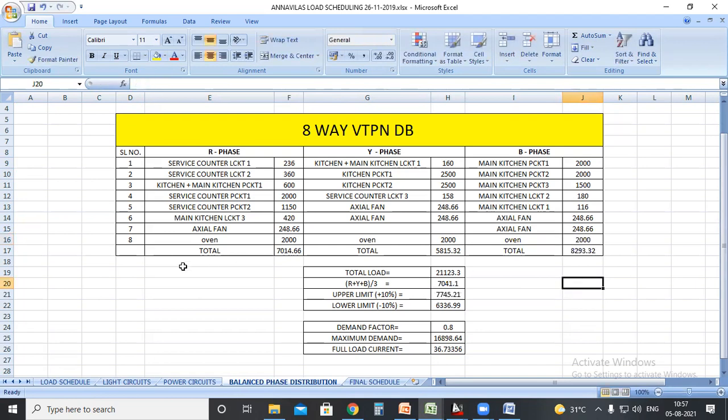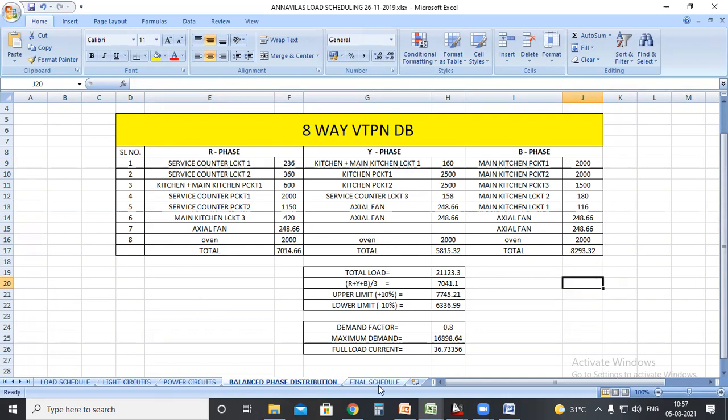You know, this one is a 3-phase equipment, so it needs all 3 phases together to run. I am taking it in the 8th circuit. Since it is a three-phase device, I need to mention it in R8, and the same thing in Y8, and the same thing in B8.